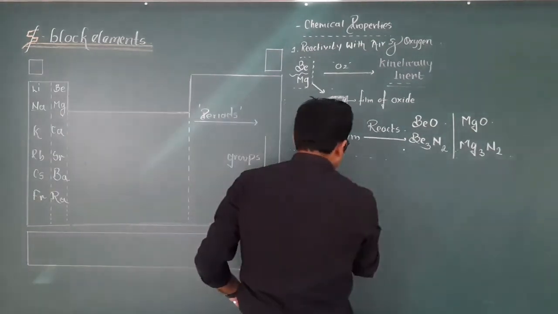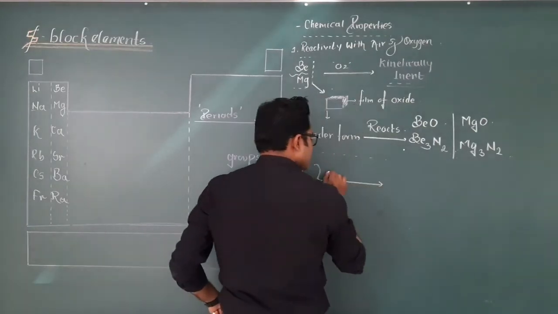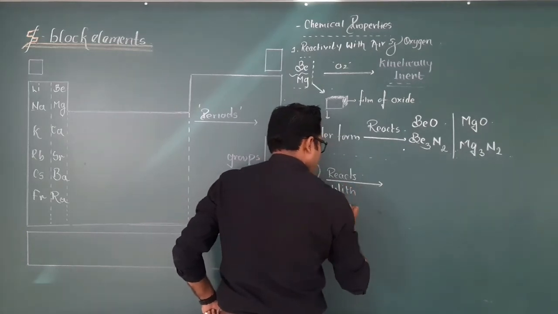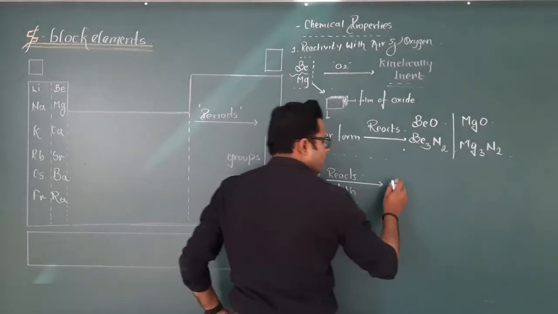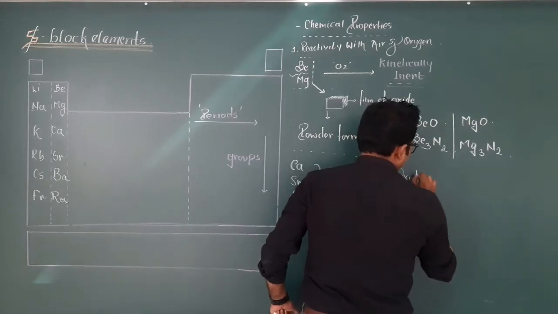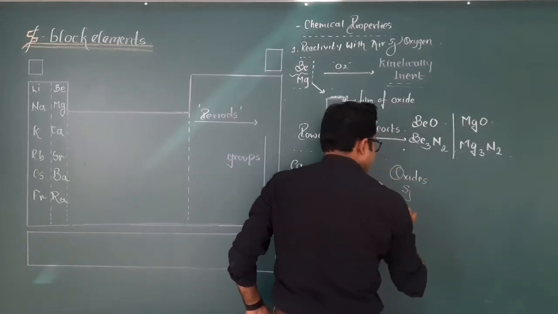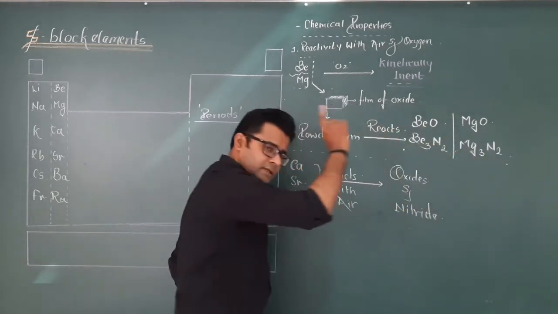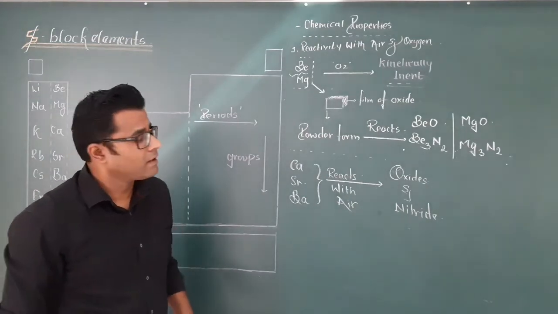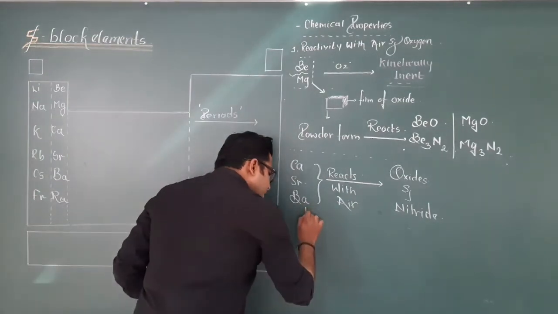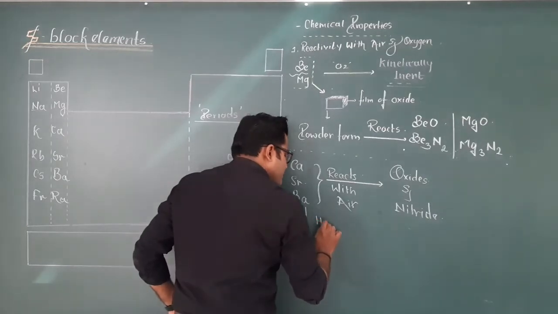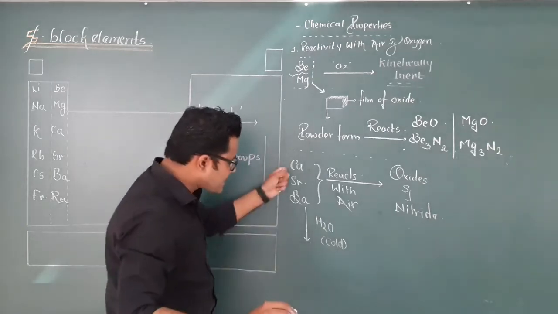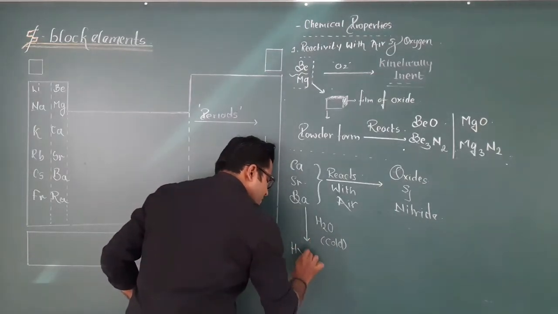They readily react with air to form oxides and nitrides, the same type of chemical composition. Now, when we react these with cold water, these elements end up giving us hydroxides.